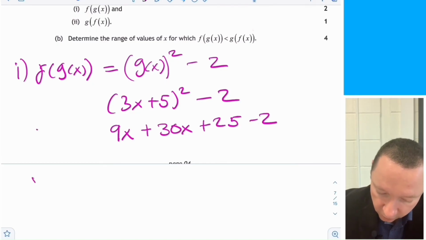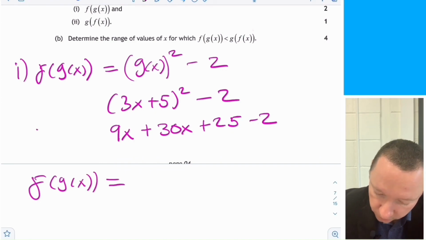So f of g of x equals 9x squared plus 30x plus 23.